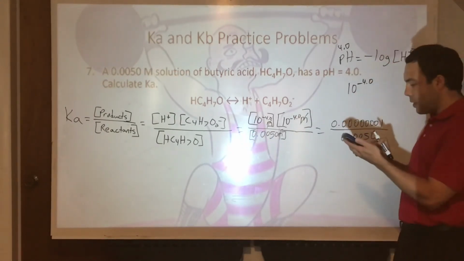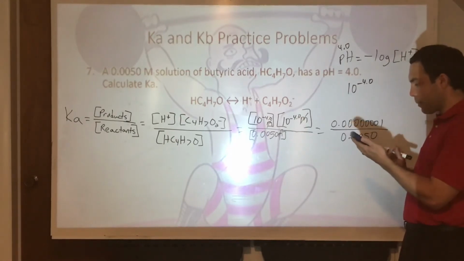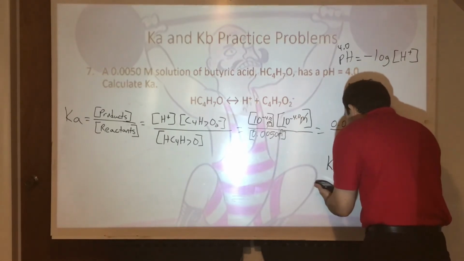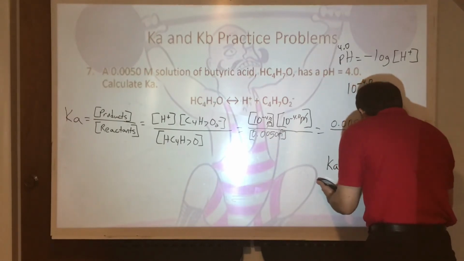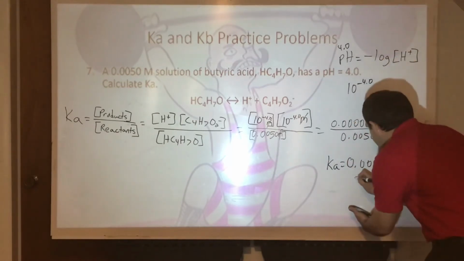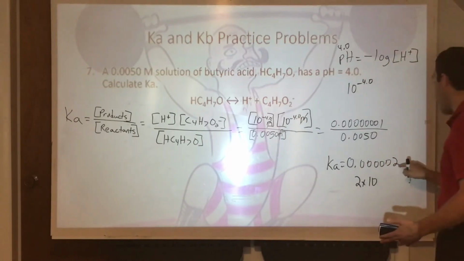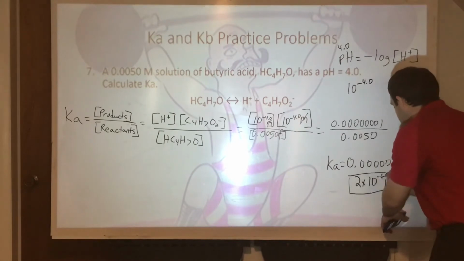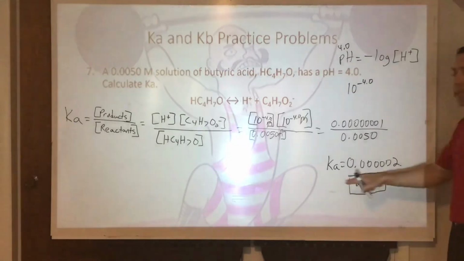Let's finish this off, divided by 0.0050, and we get our Ka is equal to 0.0000002, or you can write that as 2 times 10 to the negative 6th power. Two times 10 to the negative 6 is our Ka value.